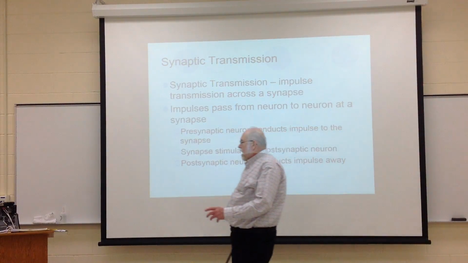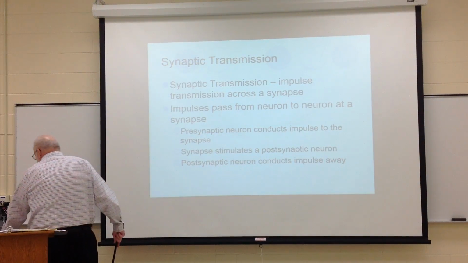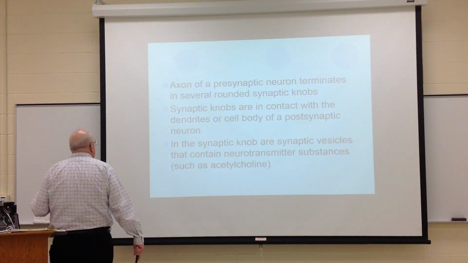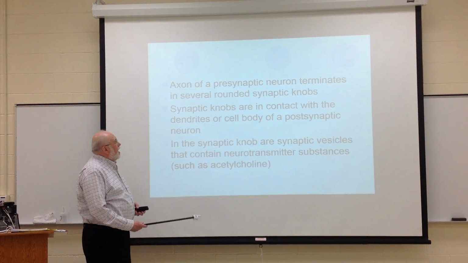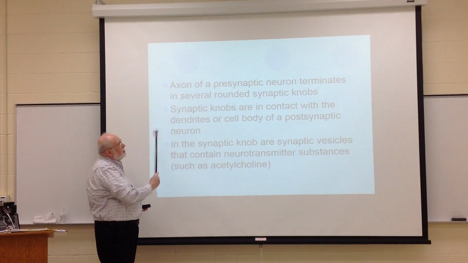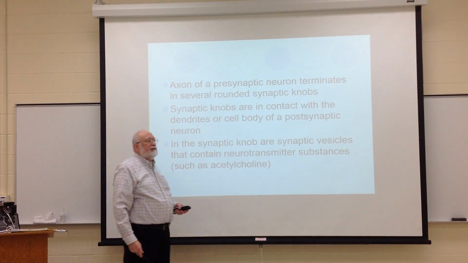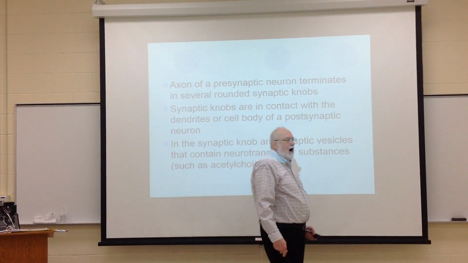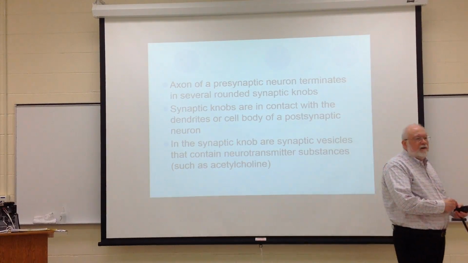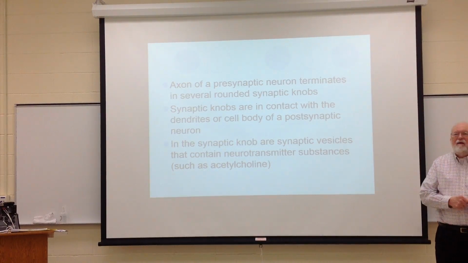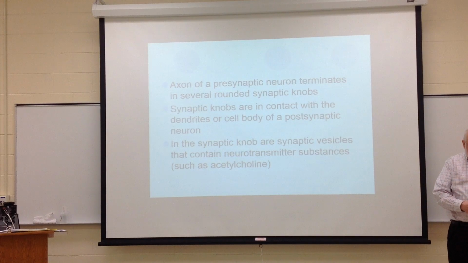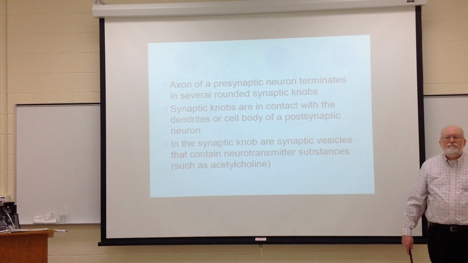And so, how are these things put together? Well, very similar to what we've already seen. The axon of the presynaptic neuron terminates in a synaptic knob on the membrane surface of the postsynaptic neuron, rather. All right, what's a synaptic knob?